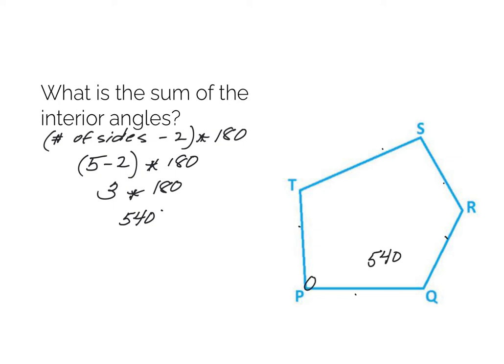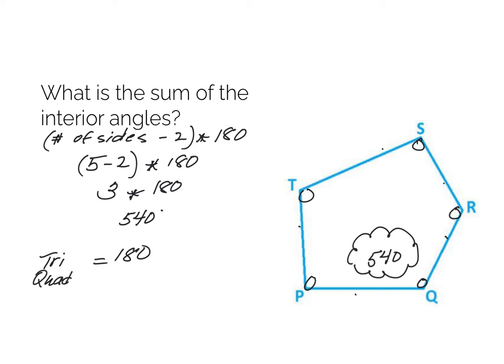That means every single angle added together on the inside must combine to get a sum of 540. Every pentagon is the same, 540. Triangles were 180. Quadrilaterals were an additional 180, so 360.